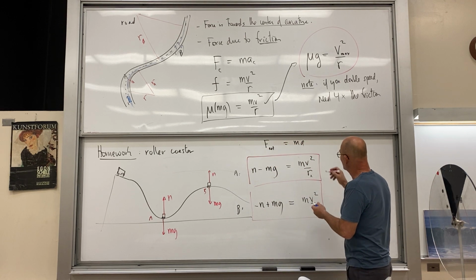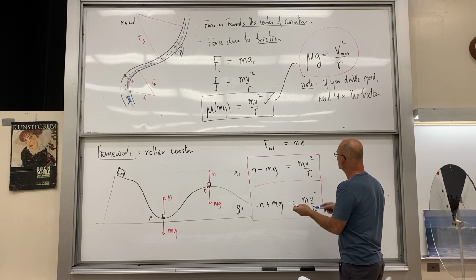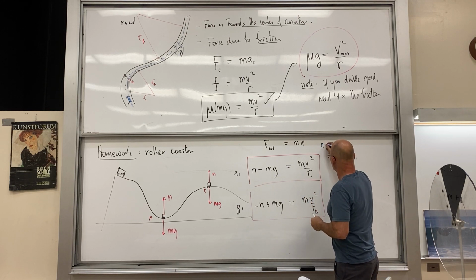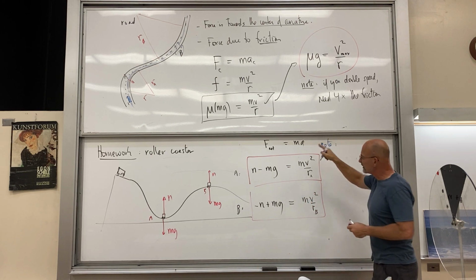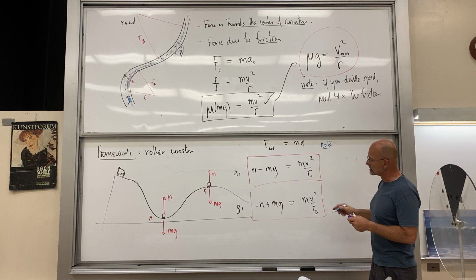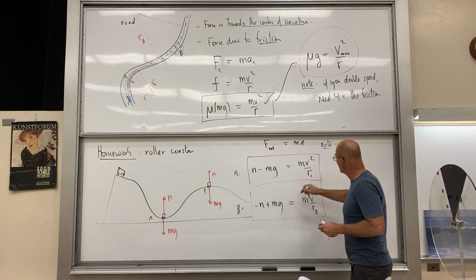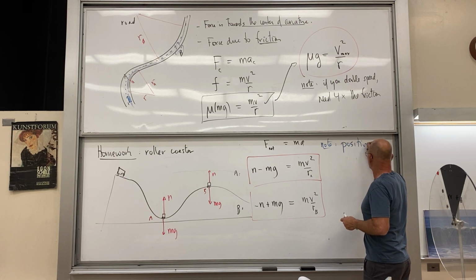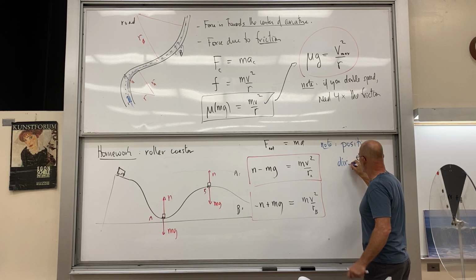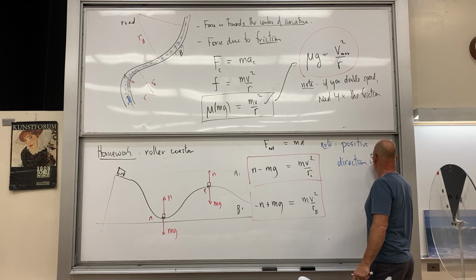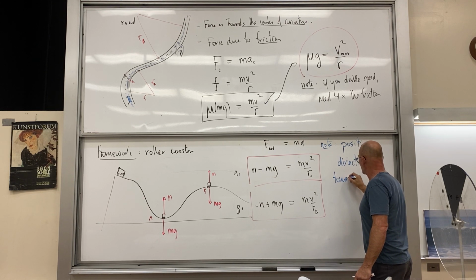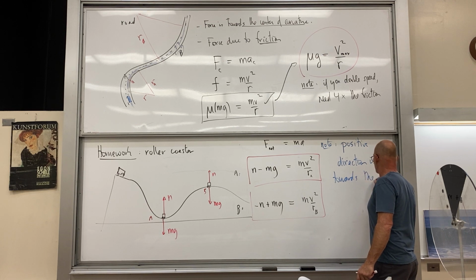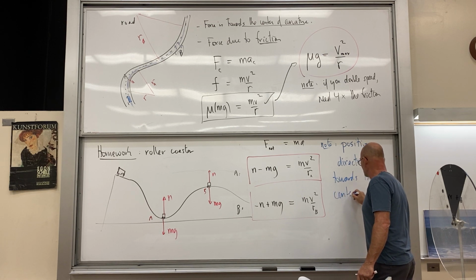When you set up Newton's law, important note, the positive direction is towards the center of curvature, and I did exactly that in both of these expressions. So we have the positive direction is towards the center, towards the center of curvature.